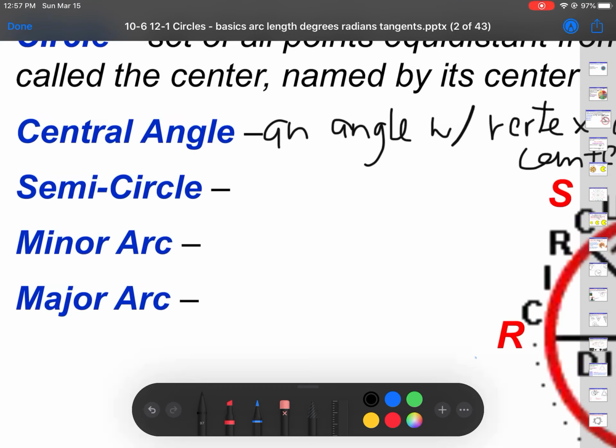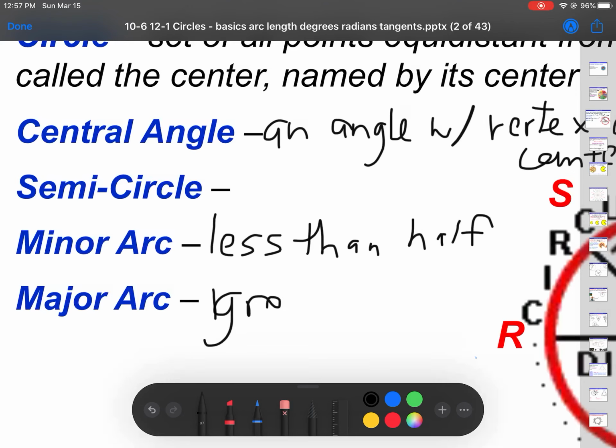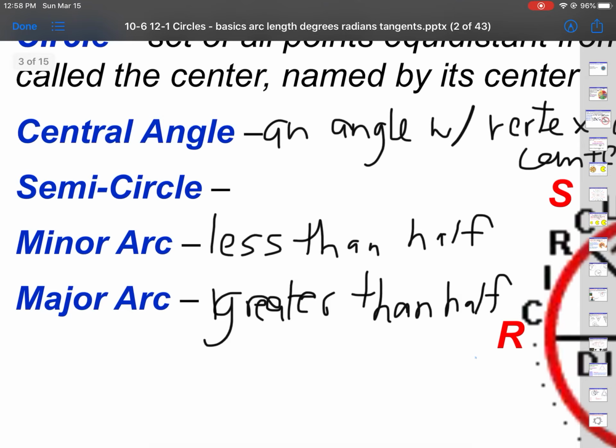All right, so minor arc is less than half of the circle. And then the major arc is greater than half. And we'll take a look at the picture off to the right. So semicircle is just half.